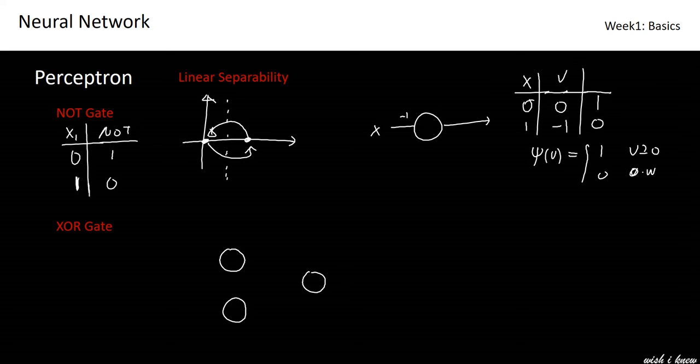So we're going to have x0, which is the bias, x1 and x2, and these will all be fed into each perceptron, and here as well.